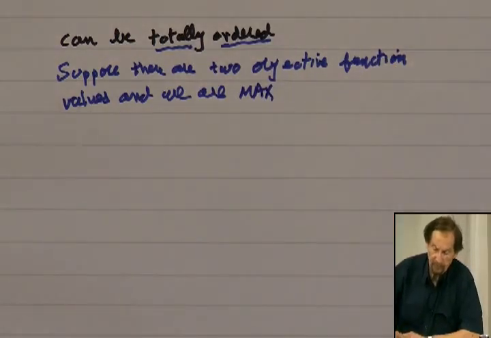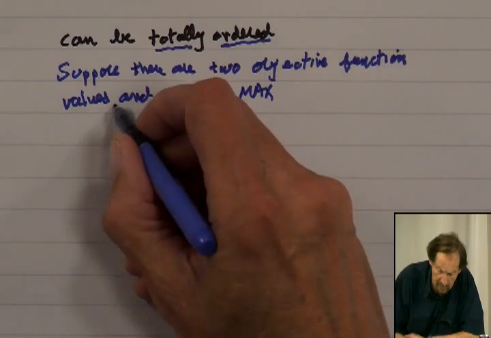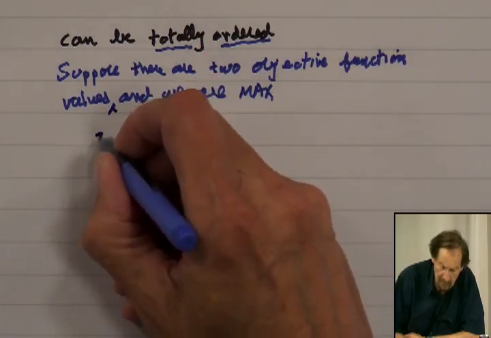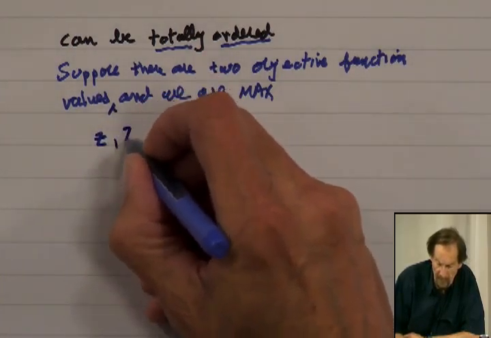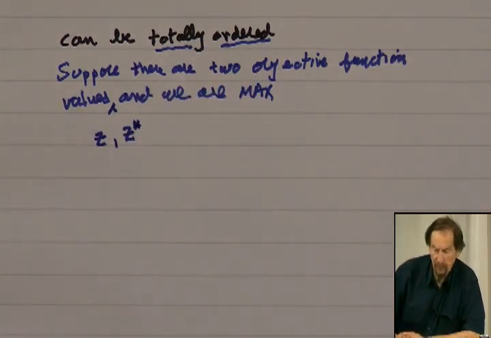Let these two objective function values be z and z hat, or what's called z star. Okay, so we have these two objective function values.